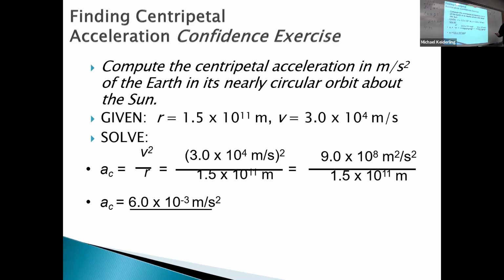So centripetal acceleration is speed squared over radius, so (3 times 10 to the 4th meters per second) squared. 3 squared is 9, 10 to the 4th squared is 10 to the 8 meters squared per second squared, over 1.5 times 10 to the 11 meters. So we have 9 divided by 1.5, that's 6. And 10 to the 8 divided by 10 to the 11, that's 10 to the minus 3. So 6 times 10 to the minus 3 meters per second squared.